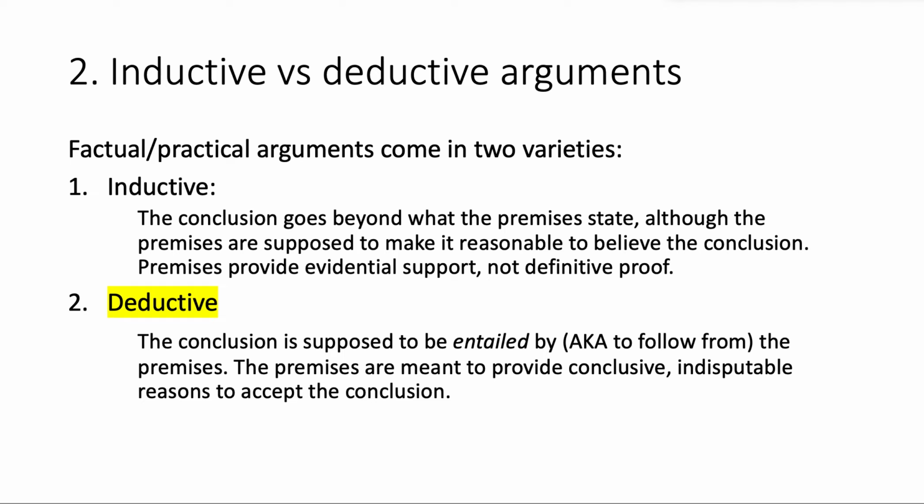And that's quite different from what's going on with inductive arguments. In inductive arguments, the premises are not supposed to make it indisputable that the conclusion is true. They're supposed to make it reasonable to believe the conclusion, but they're not in the business of providing that kind of conclusive, definitive proof.